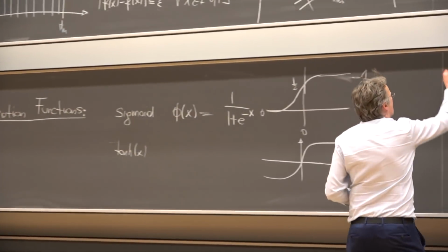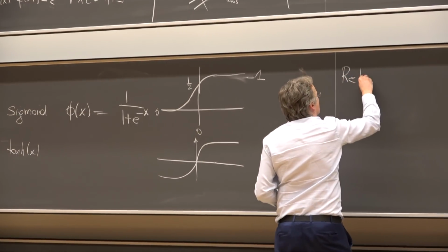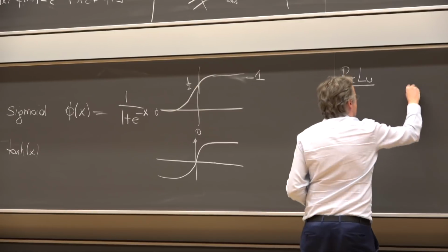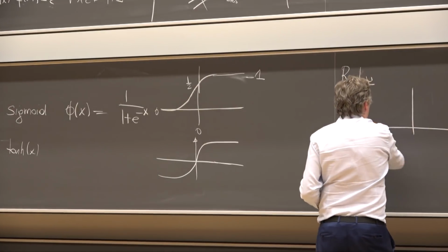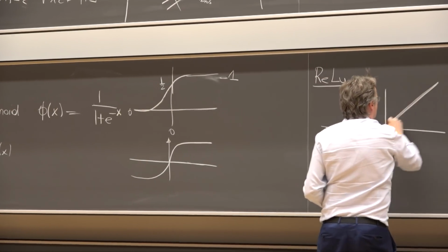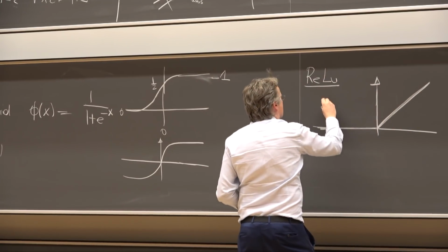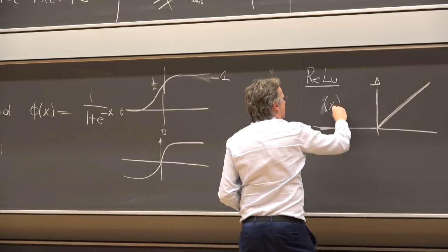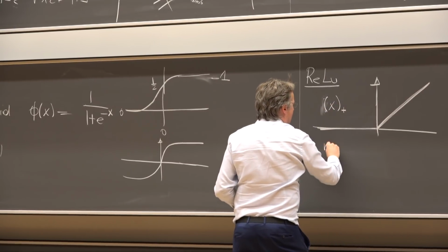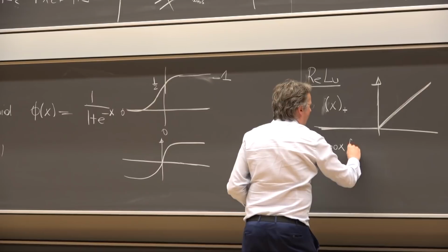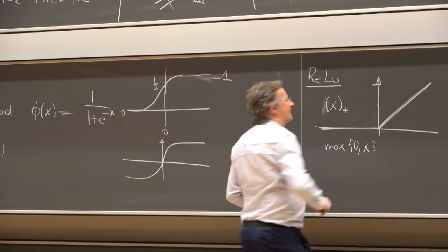We have ReLU, and we already saw what this looks like. This function here, sometimes we write it as x plus, or we write it as the max of 0 and x.